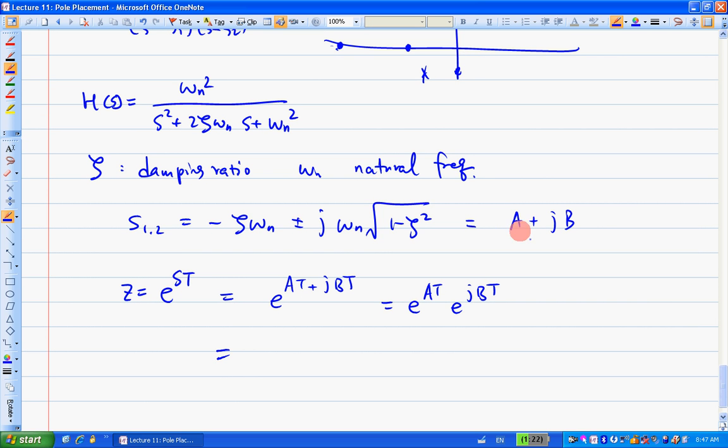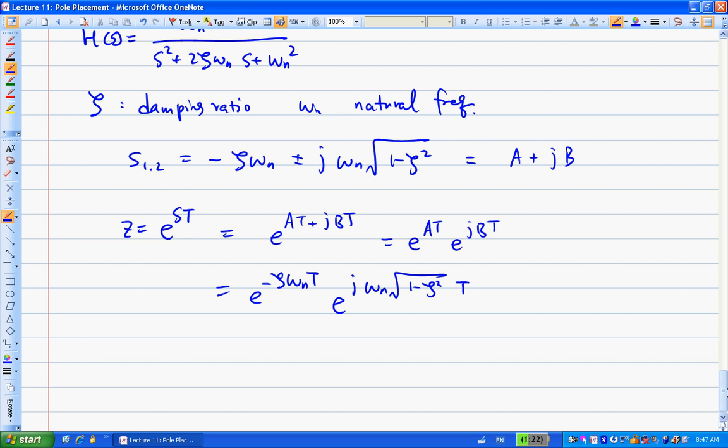What is a? It's that quantity there. So the first factor is e to the power of negative zeta omega n T, and the second is e to the power of j omega n root of 1 minus zeta squared times T.